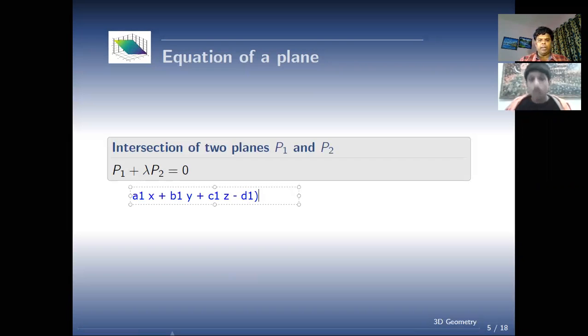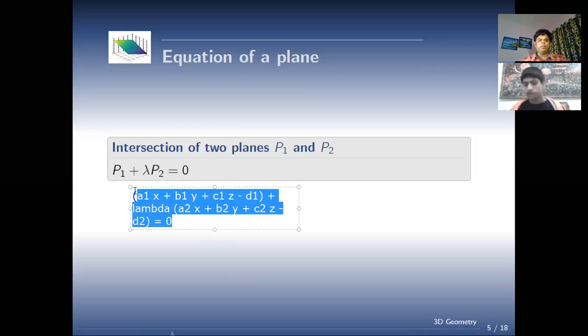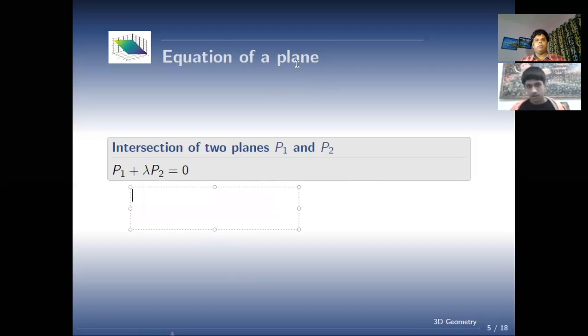This will be my plane 1, plus lambda times, again, a2x plus b2y plus c2z minus d2, and this whole thing equal to 0. Cool? All right, so I can erase this off.